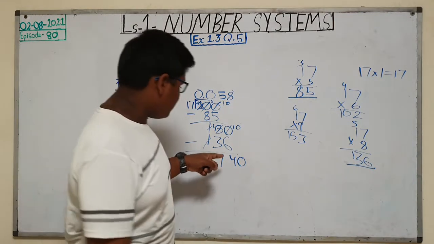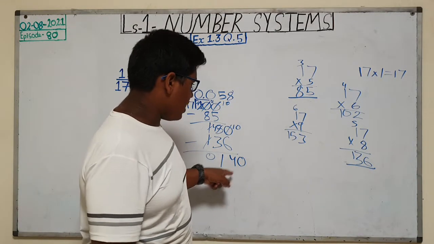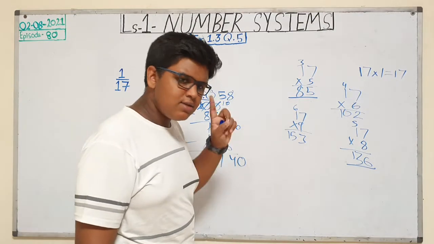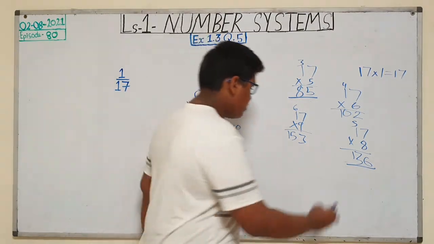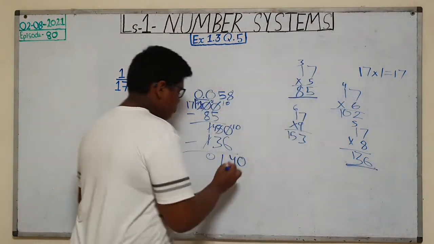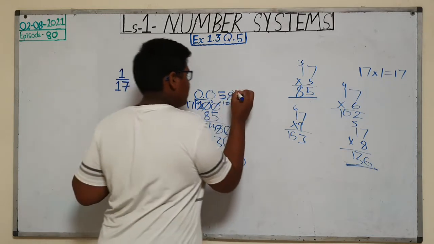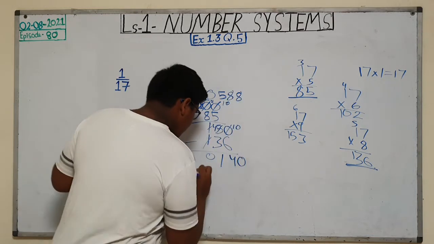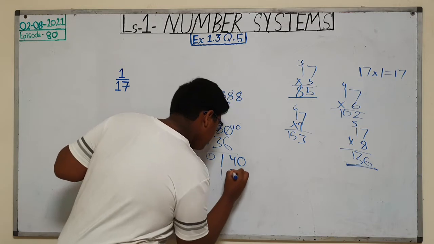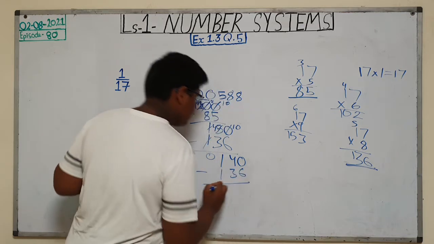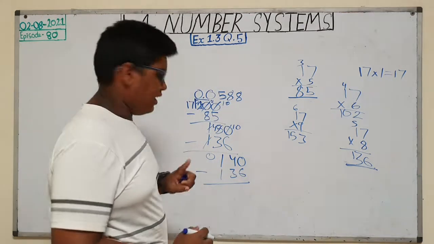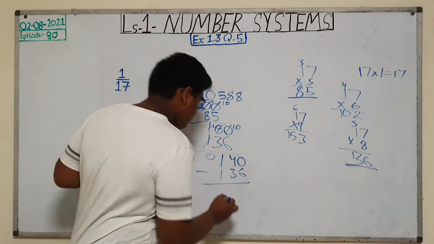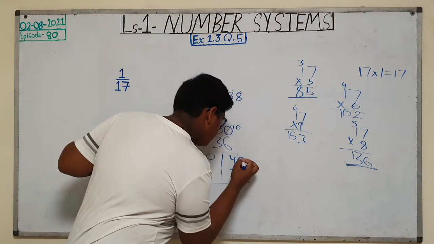Now we have 140. Can we take 136 again? Yes, because 136 is smaller than 140. So let's take 8 again and subtract 136 from 140. We will have 4 as the remainder.